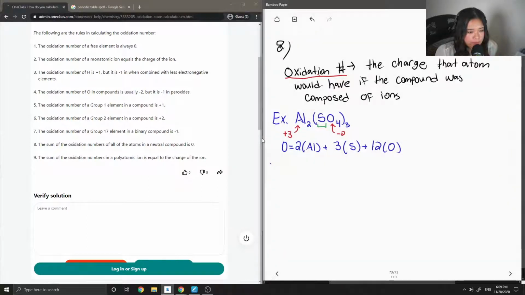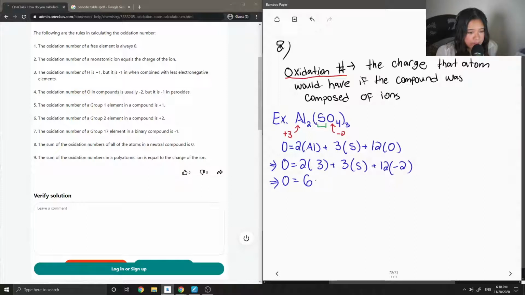So I'm just going to plug those values in. So there's 2 atoms of aluminum times +3. Okay, that's clear. And we're looking for S. And it's going to be 12 times -2.